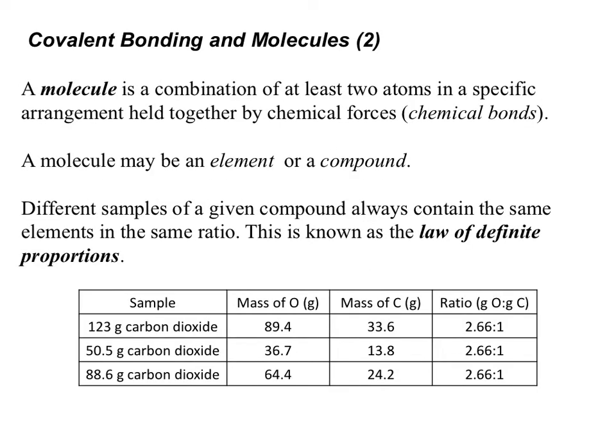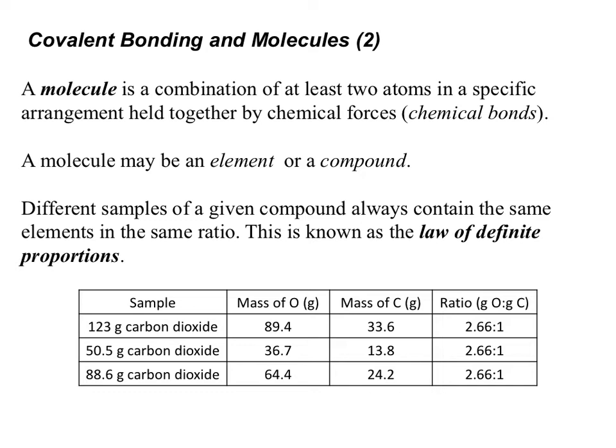A molecule is a combination of at least two atoms in a specific arrangement held together by chemical forces, i.e. chemical bonds. A molecule may be an element or a compound. Different samples of a given compound always contain the same elements in the same ratio. This is known as the law of definite proportions.